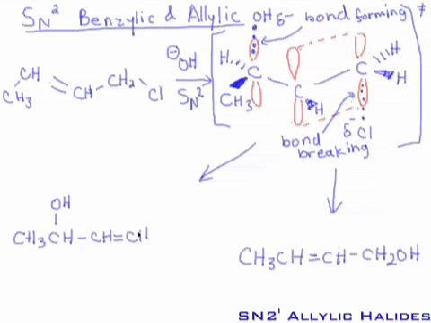Wait a second, I've seen these products before. They're the same products we got because of resonance in the allylic case. Is that what's going on here? Is this resonance? Not really. In the transition state, you might say that yes, the electrons are delocalizing, and this is very similar to what happens in the resonance hybrid.